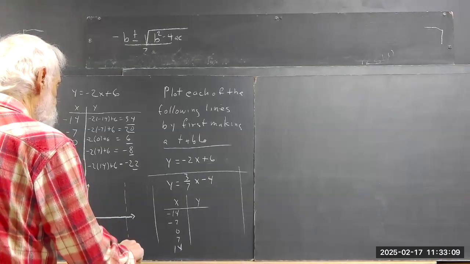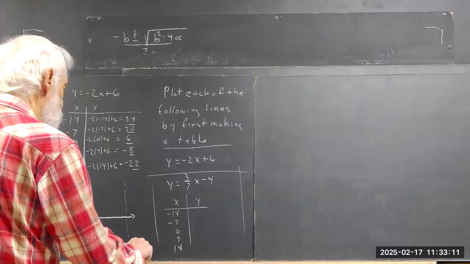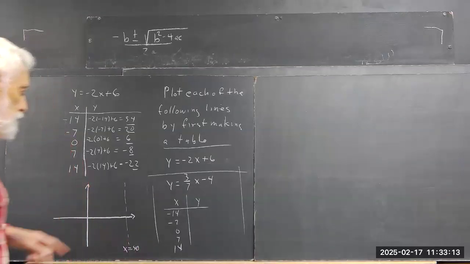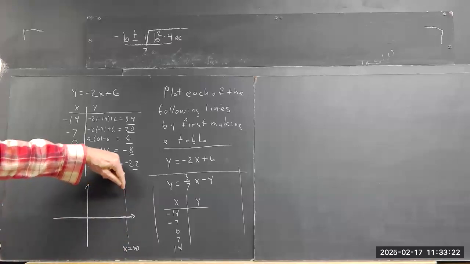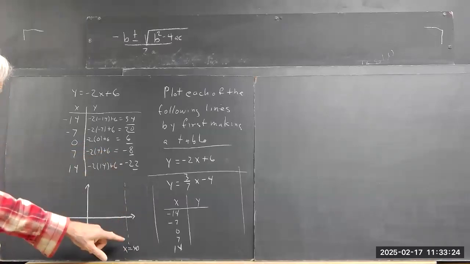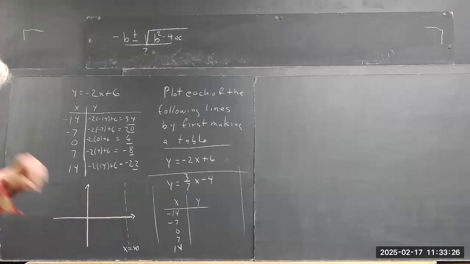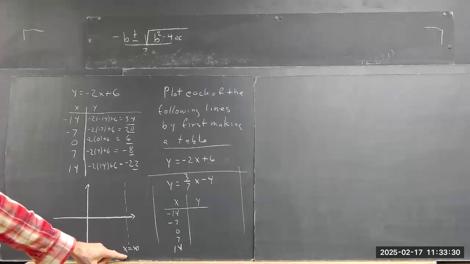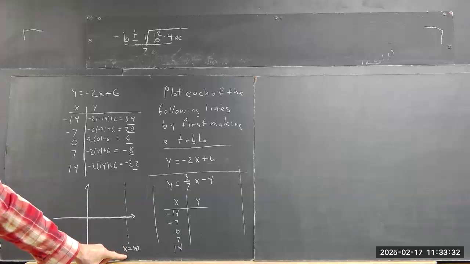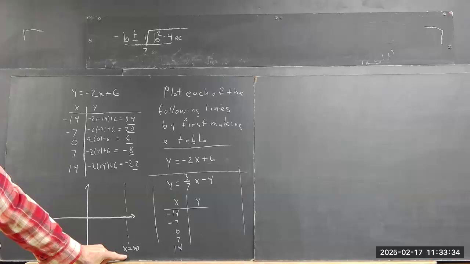I'm going to write x equals 40. So here's a vertical line, and every point on this line has an x coordinate of 40, doesn't it? Because x coordinate of this point, we go down, we get 40. X coordinate of this point, we go up, we get 40. So this dotted line consists of all the points where x equals 40, and that's worth noting.